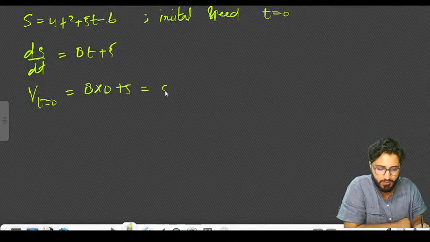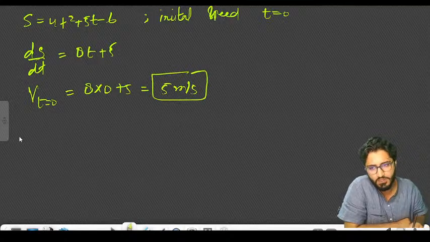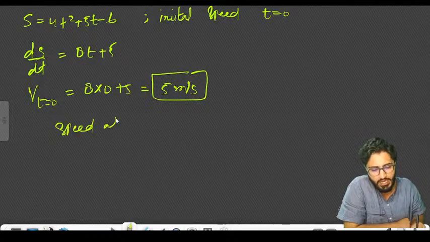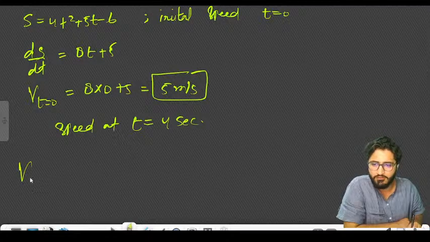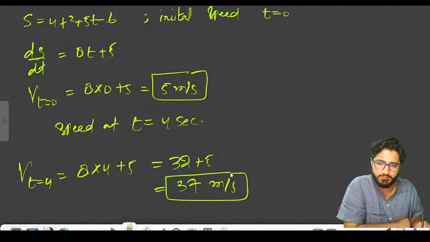My answer came out to be 5 meter per second. Easy? Or if I give you, find speed at t equals 4 seconds. I will write 8 multiplied by 4 plus 5, 32 plus 5, 37 meter per second.